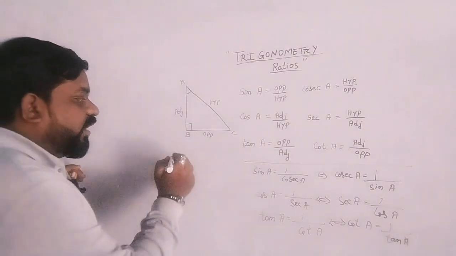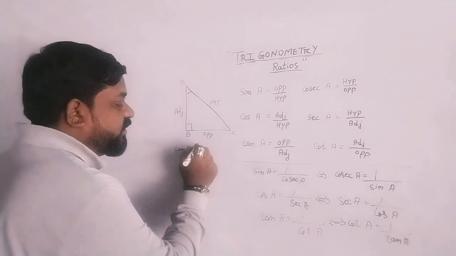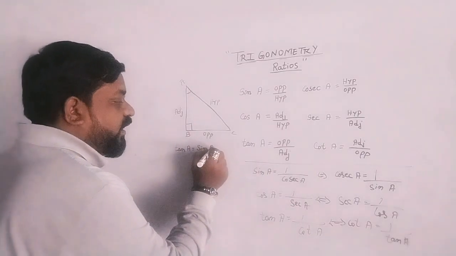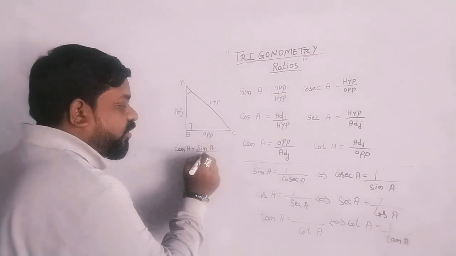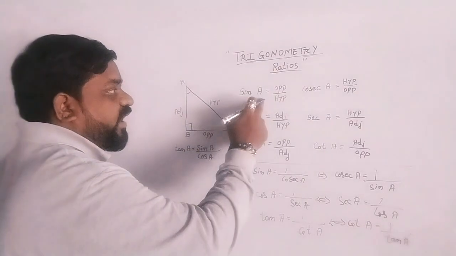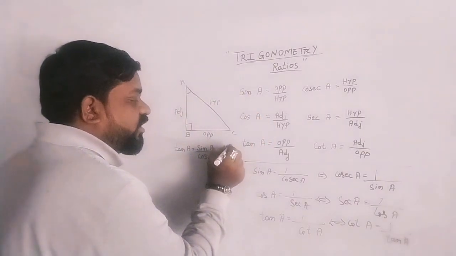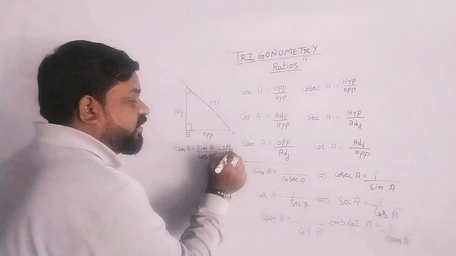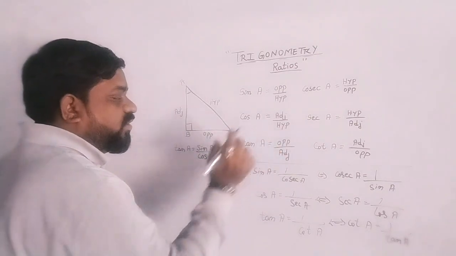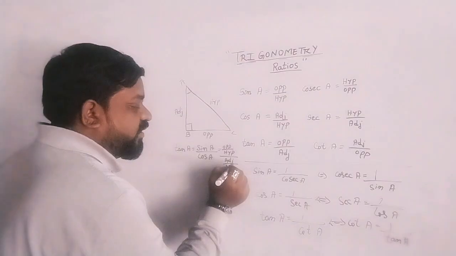And also you can write tan A as sin A by cos A, because sin A is opposite by hypotenuse and cos A is adjacent by hypotenuse.